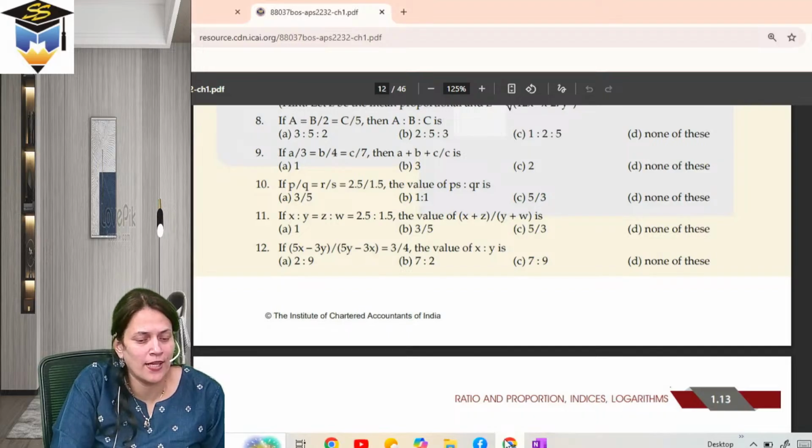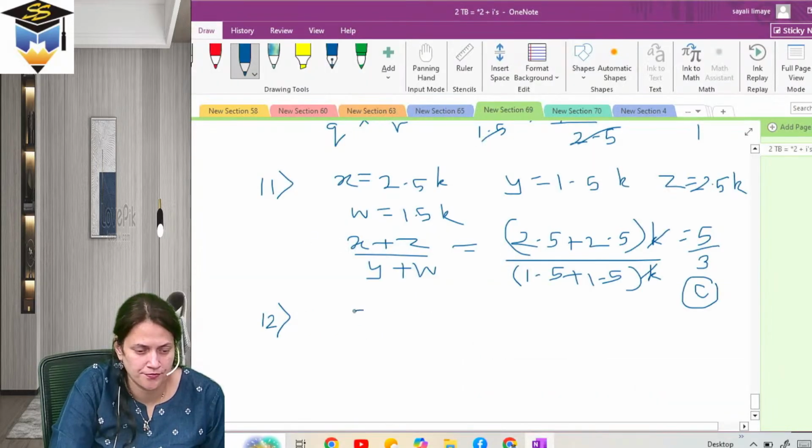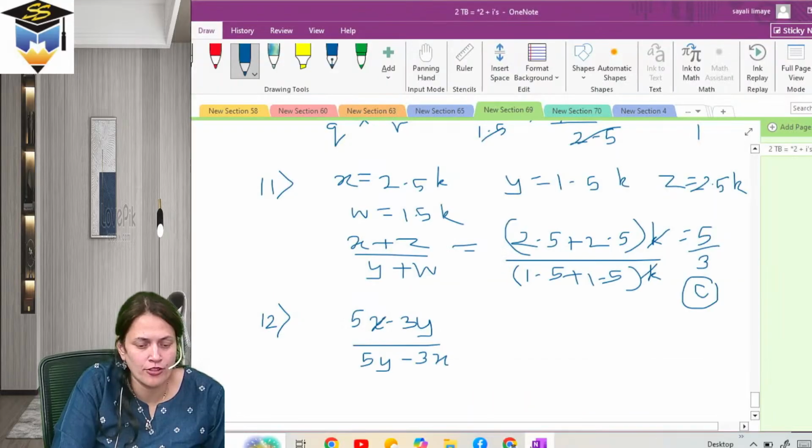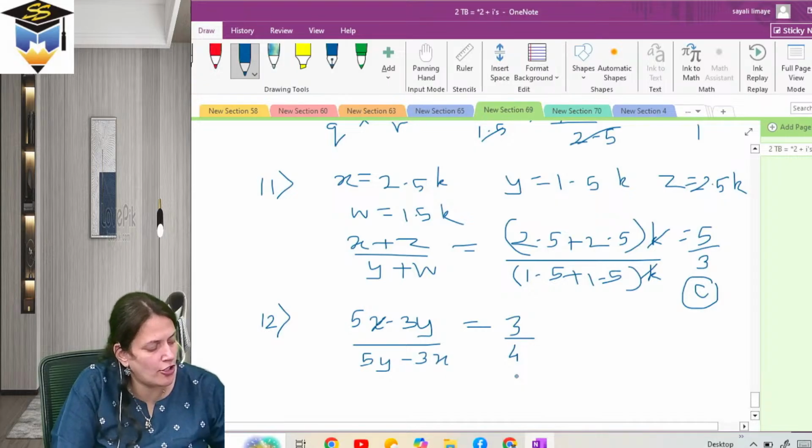Now 12th, again 5x minus 3y upon 5y minus 3x. This ratio is given to us as 3 by 4. We have to find the value of x upon y.